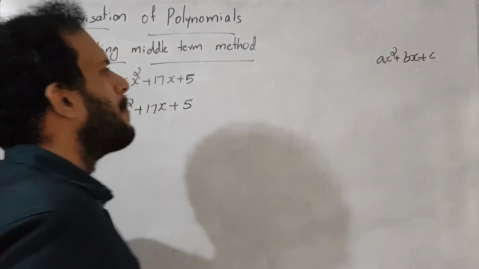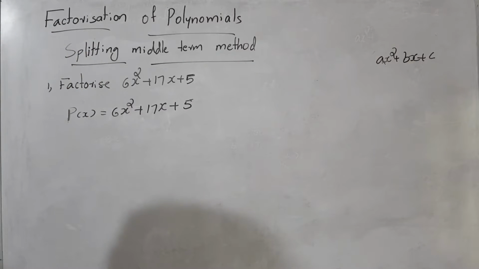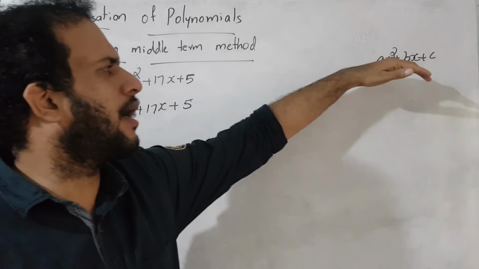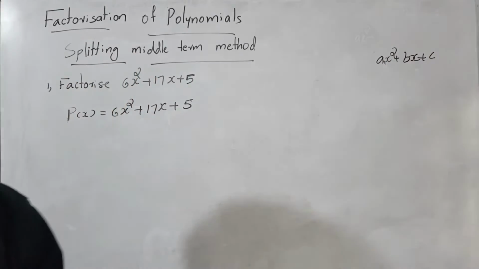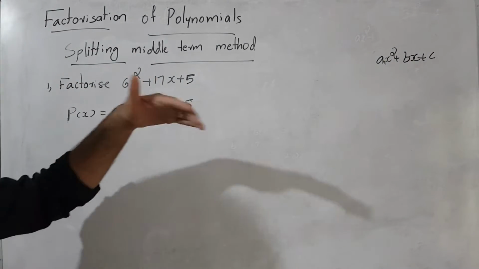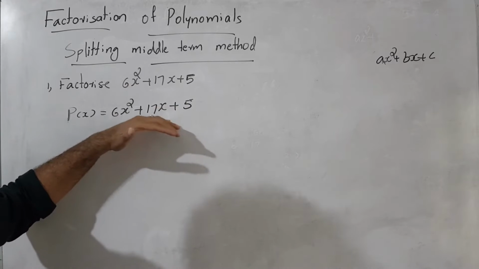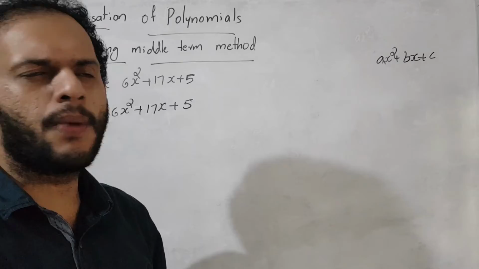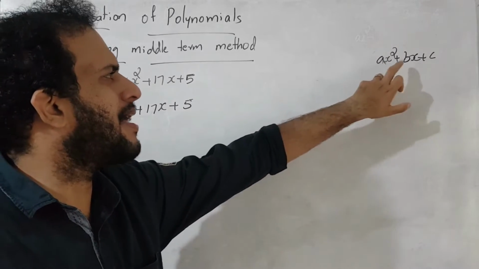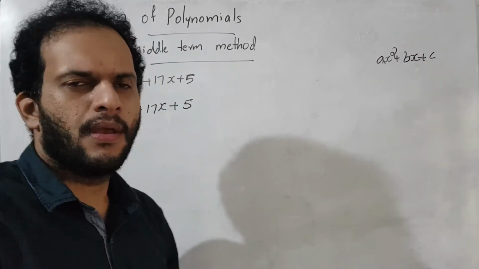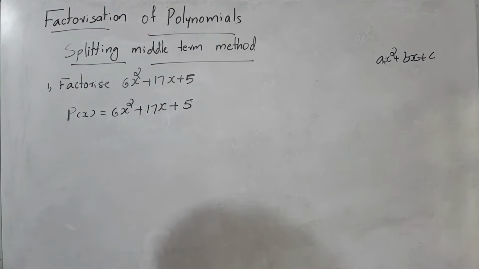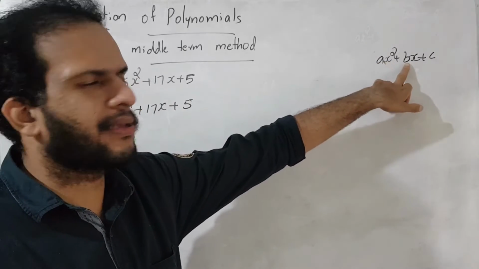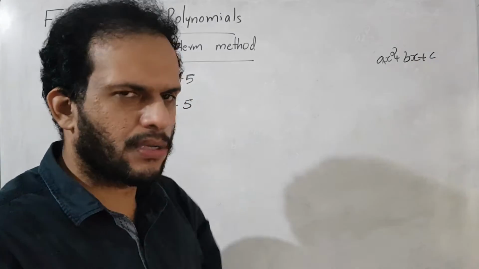Correct? So compare the given polynomial with the standard form. Then it is possible to identify the values of a, b and c. A means the coefficient of x square, B means the coefficient of x, and c is the constant.